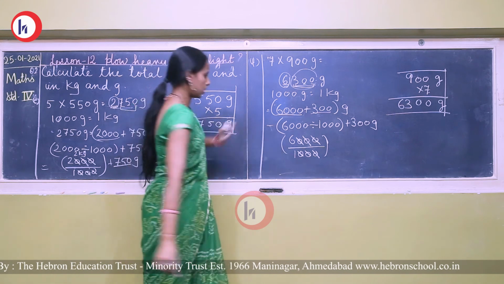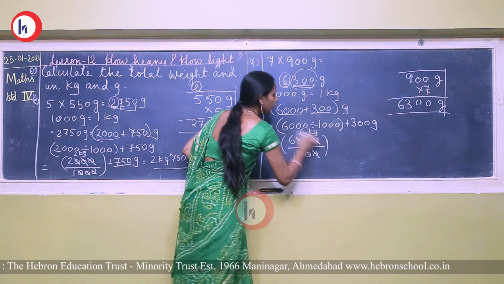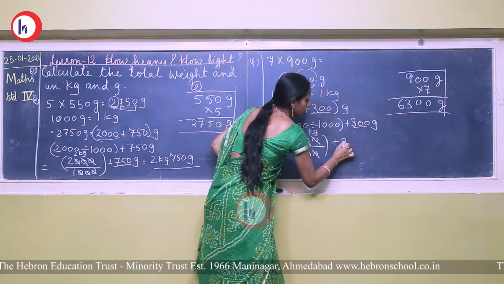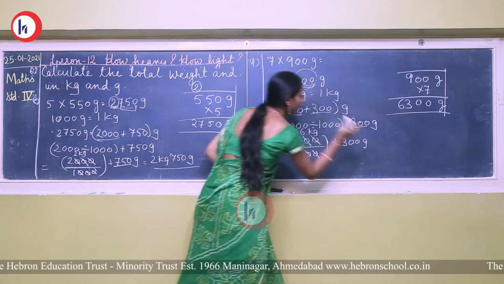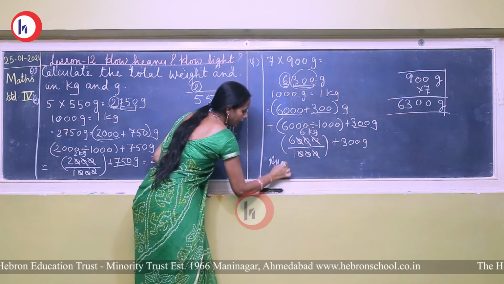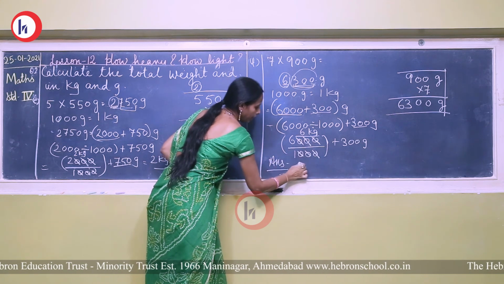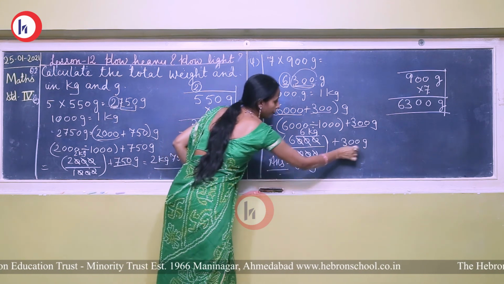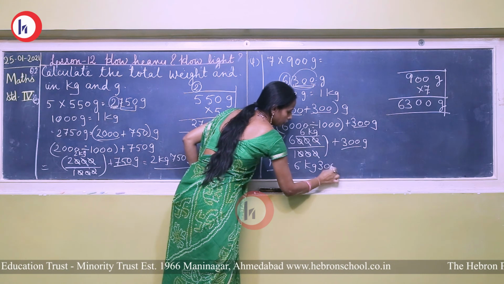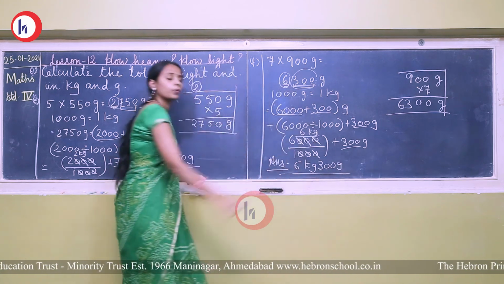So the answer is 6. So 6 will be called kilogram plus this is 300 gram. Okay, so the answer is 6 kilogram and 300 gram.